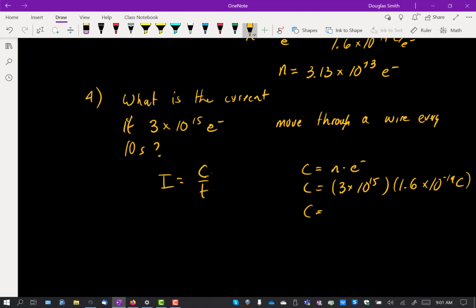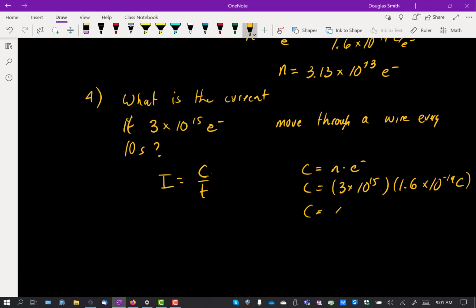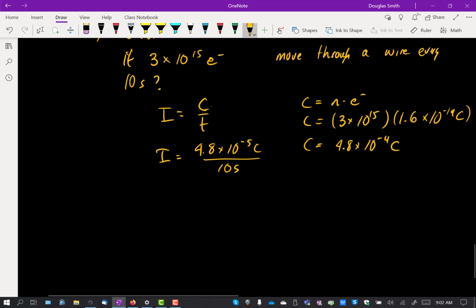So our charge in this question is 4.8 times 10 to the negative 4 coulombs. Now we can get the current. Current is 4.8 times 10 to the negative 4 coulombs in 10 seconds.